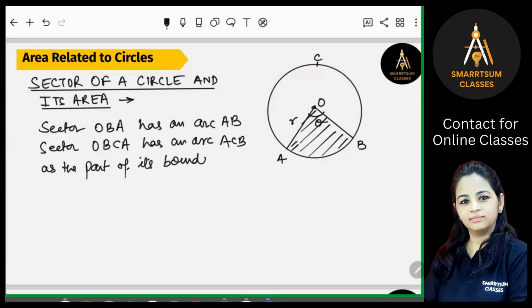These are the boundaries of these sectors. Is it clear? Now these sectors are called the minor sector and major sector of the circle, right?